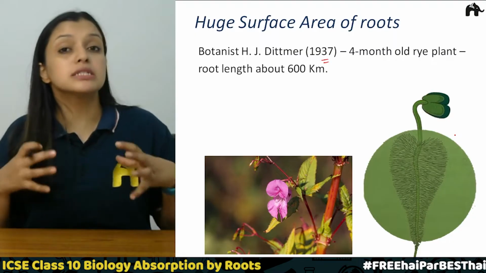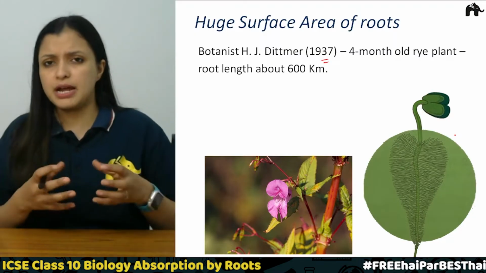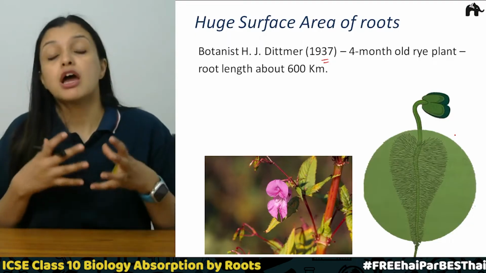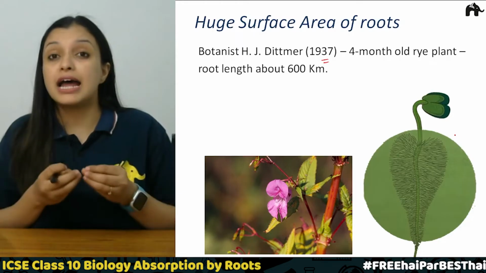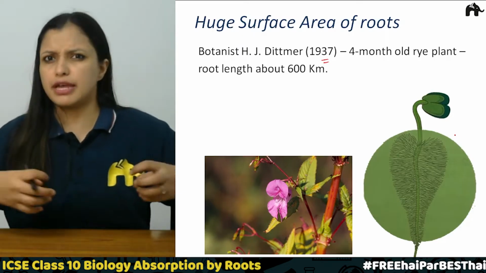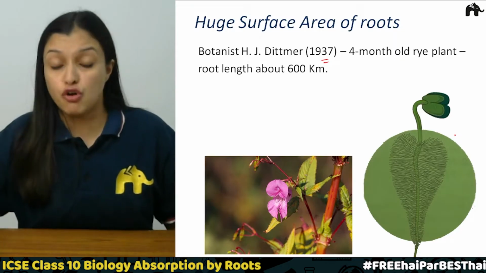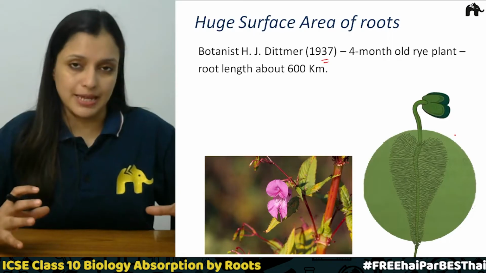So there were billions and billions. This was just a 4-month-old rye plant, but if you take any other plants, there are around billions of root hairs, which have a huge length, like many kilometers long. So this is what provides huge surface area, right?